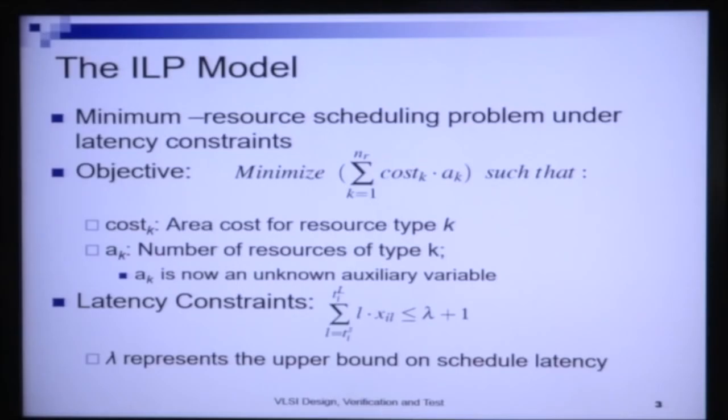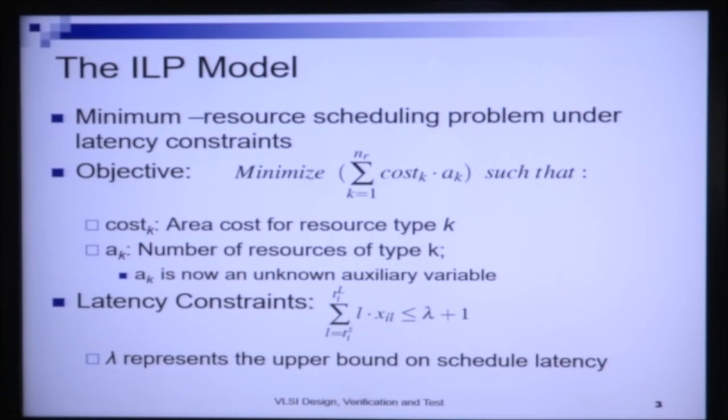How is the latency constraint specified? Here I have written it a bit wrong, in the sense that this variable i will be n. The nth variable tells me the start time of the nth operation, that means the sink node. I am saying that the sink node should be scheduled at most within lambda plus 1.